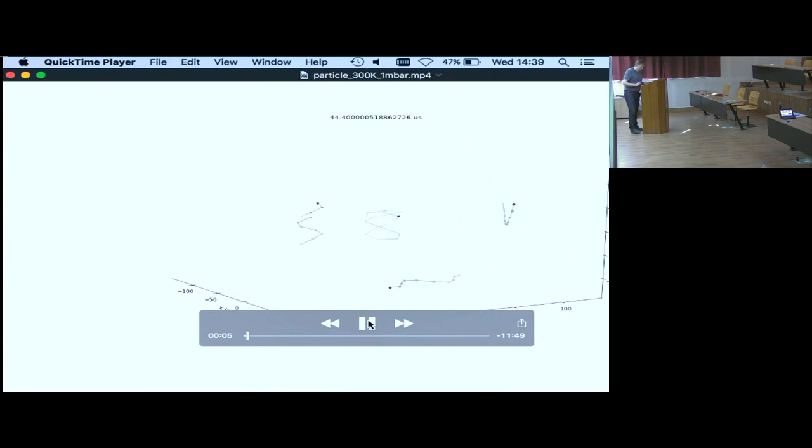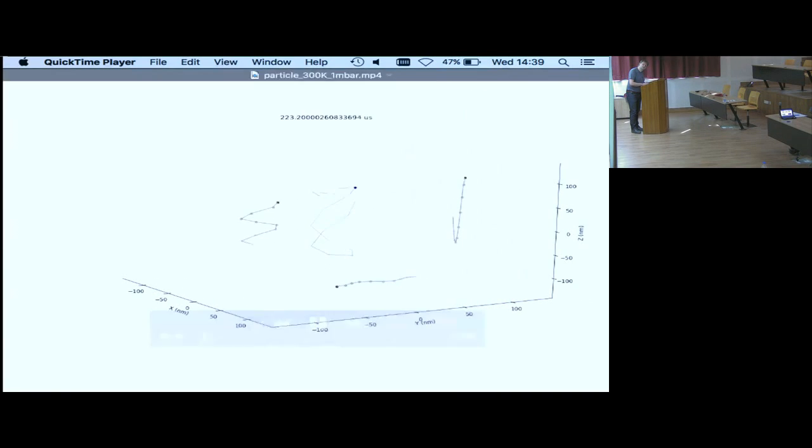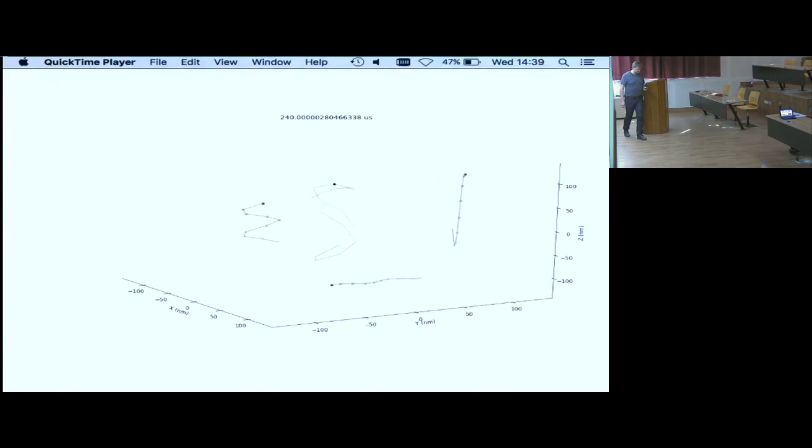Okay, so now this is the 3D motion of the particle in the trap. That's the particle trapped, and it moves in 3D.